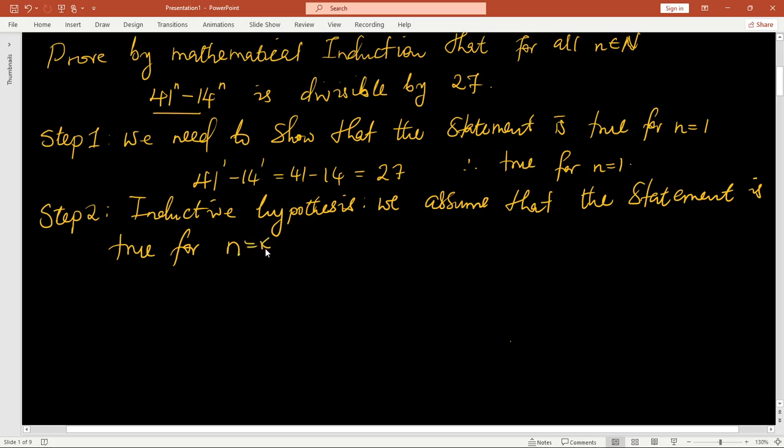Since this is induction by divisibility, we write this expression where there's n, we substitute with k. Then we equate it to 27m to show that indeed it is divisible by 27.